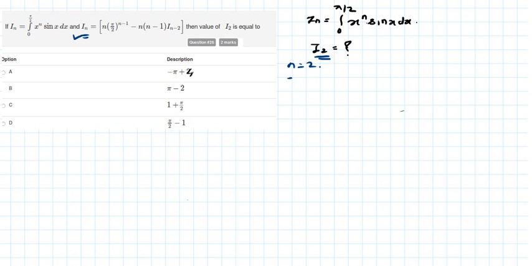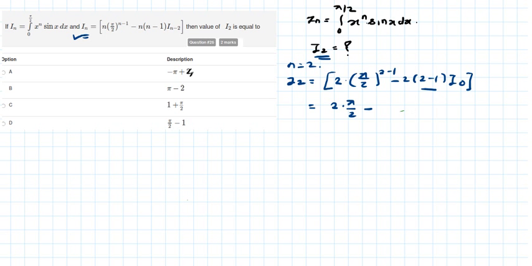So we get I2 equal to 2 into pi by 2, put n equal to 2. So this will be 2 minus 1 minus 2 into 2 minus 1 into 2 minus 2, 0. So this will be 2 into pi by 2 minus 2 into 1.